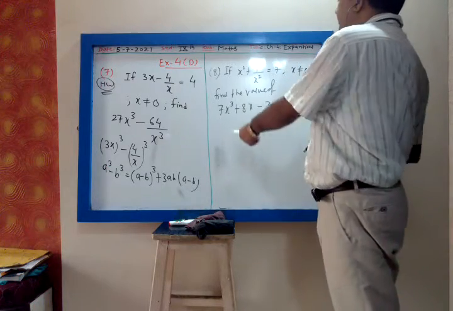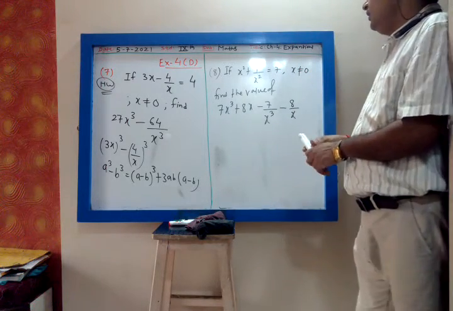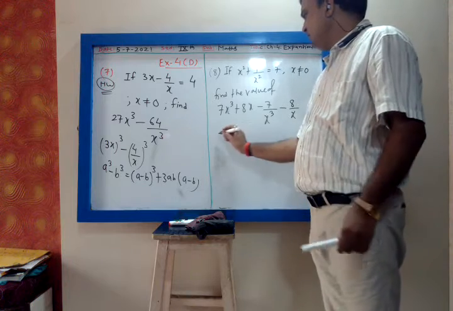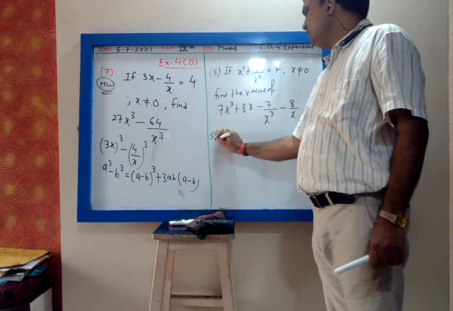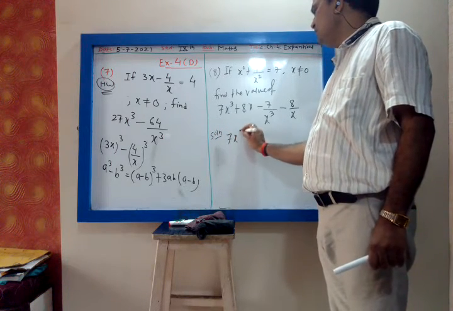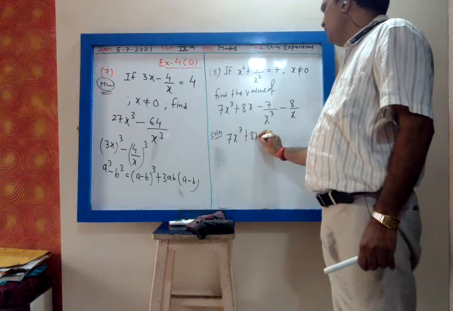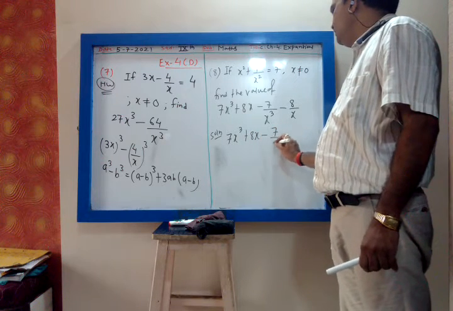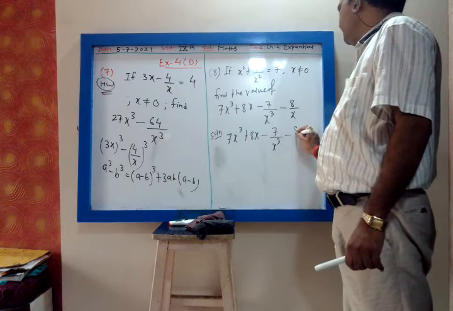You have to find this value. Correct? So let us solve this. We want to find this value: 7x cube plus 8x minus 7 upon x cube minus 8 by x.